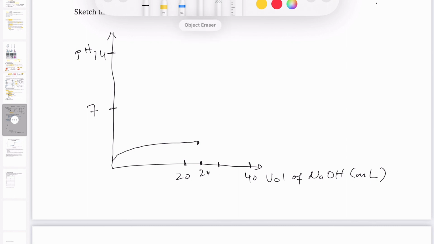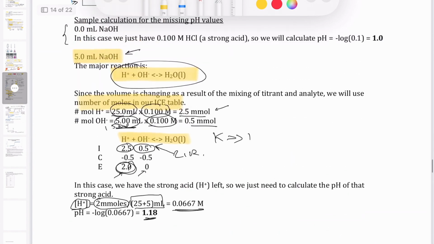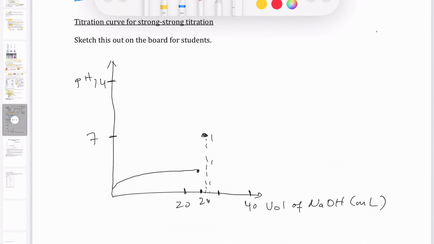All of a sudden at 25, which is the point right next to 24, the pH is now 7. And then all of a sudden at 26, which is the point right next to it, it goes all the way to 11.29. So it's all the way up here. So you want to plot this to show that change in the pH value. I'm going to use a different color here just so that everybody can see that that portion is really steep.